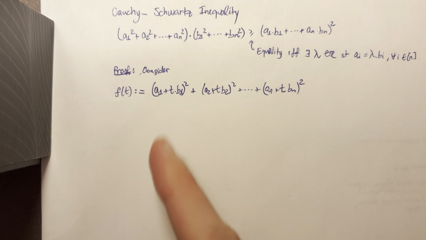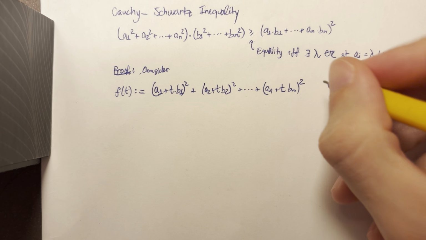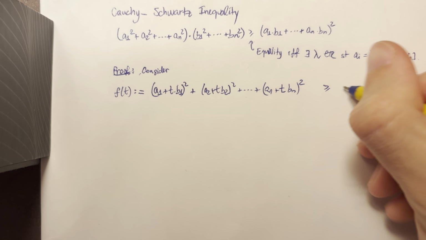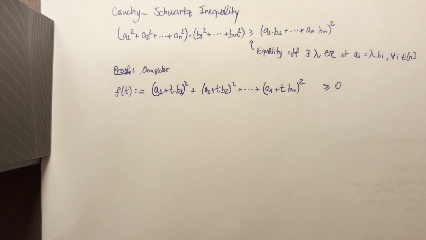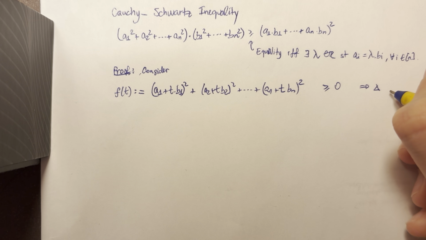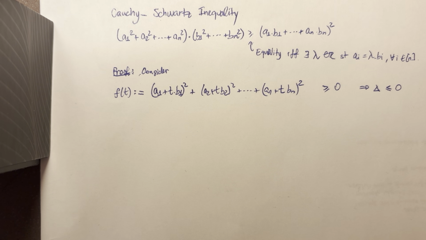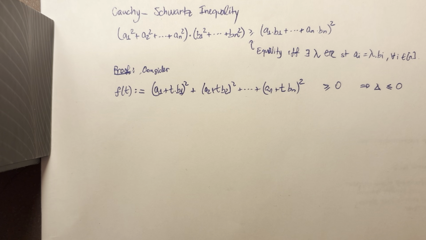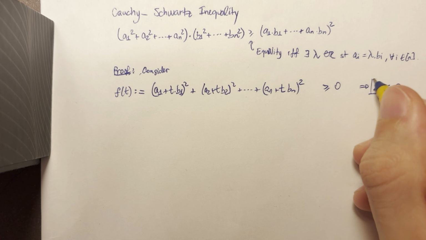Then f of t is a quadratic function of t, and as a sum of squares, it is non-negative. Since it's non-negative, its discriminant is less than or equal to 0, because we'll have at most one real root, right? This is a very important observation.